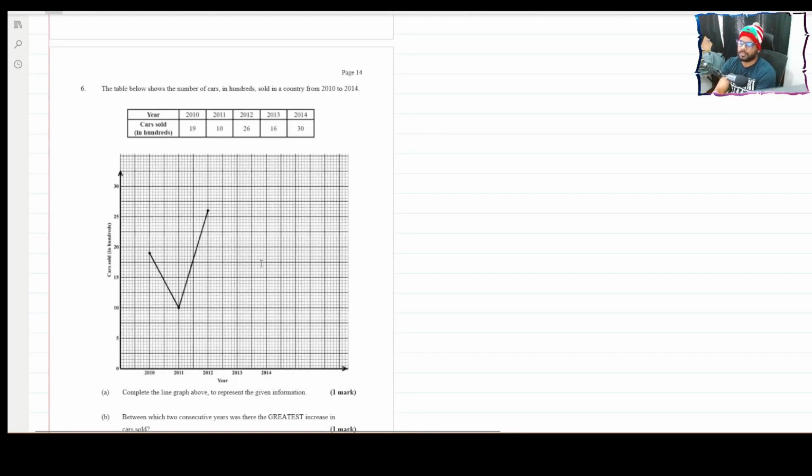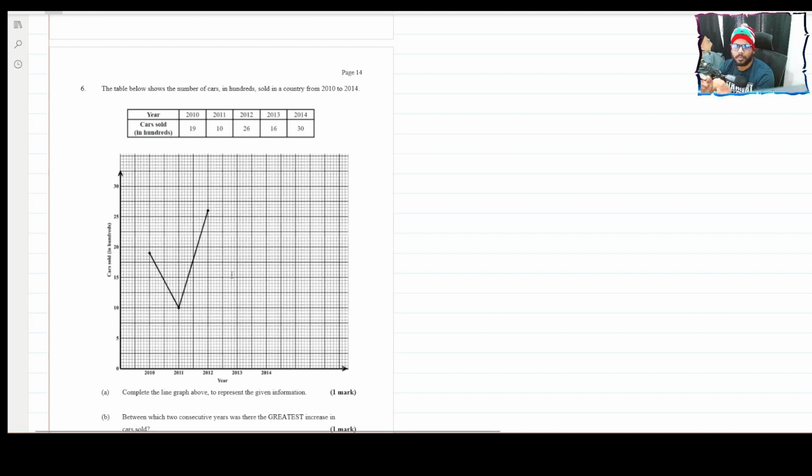Here we have number 6. The table below shows the number of cars in hundreds sold in a country from 2010 to 2014. So we have the little diagram here, the year, and how many cars were sold in the hundreds. So there's 1900, 1000, 2600, 1600, 3000. Complete the line graph above to represent the data. So from what I'm seeing, in 2010 that would correspond to 19.